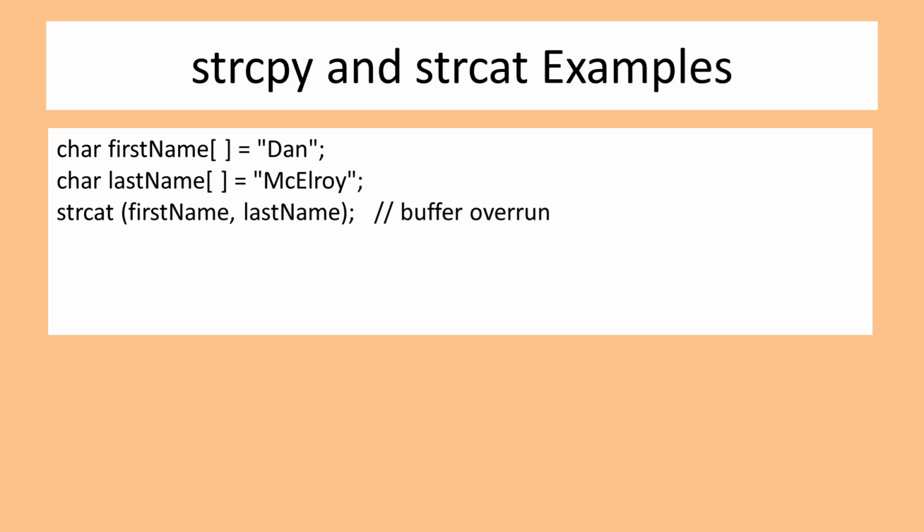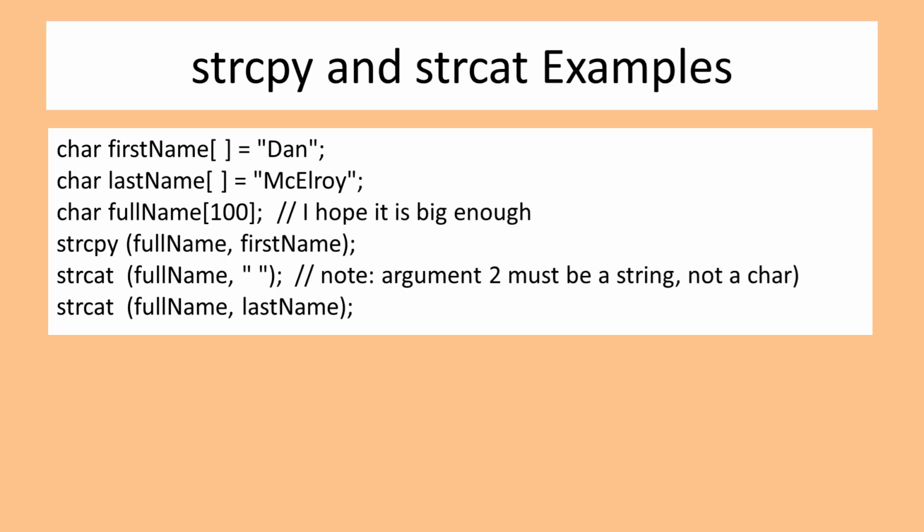I'm going to copy McElroy onto the end of Dan. But look, the array size for first name is only 4 characters long, including the null byte. Now I'm going to try to add on a whole bunch more, and there isn't room. So I'm going to overrun the buffer, and no telling exactly what happens.